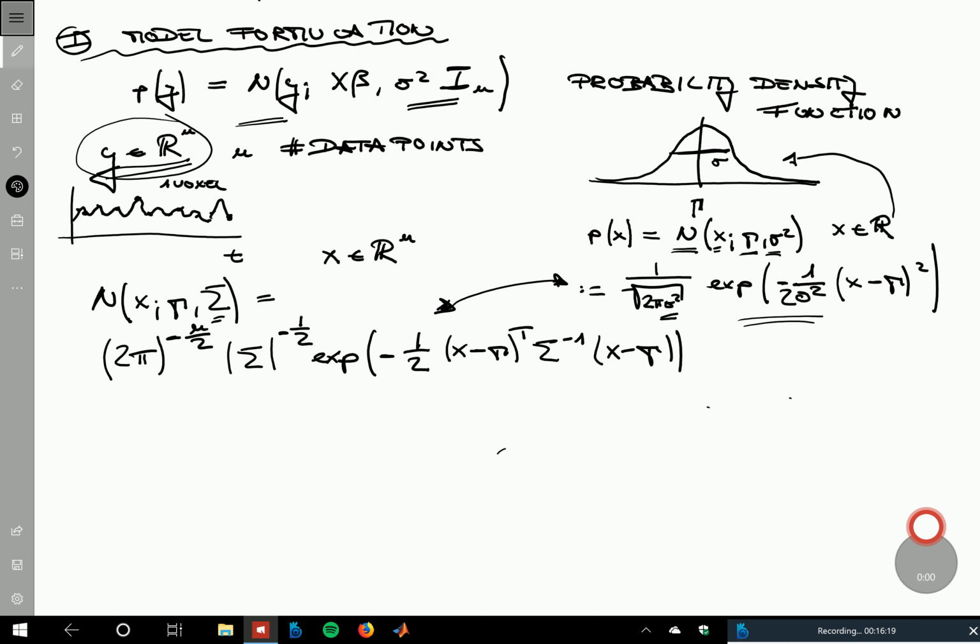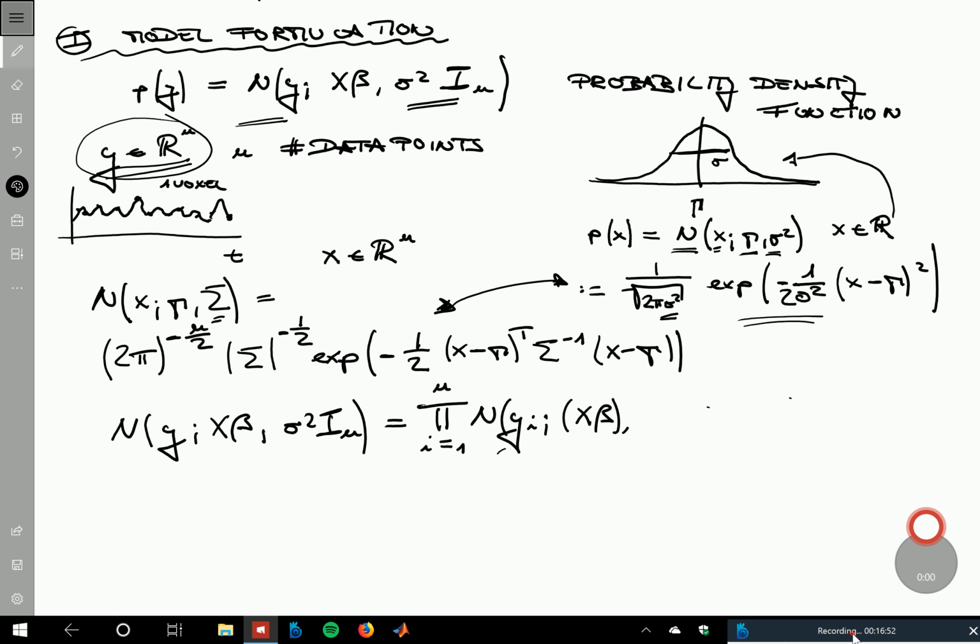And this assumption, and this is now the important bit, that the covariance matrix is what is called spherical, corresponds to the idea that all the data points, so these y_i, are independent, so they are each specified according to an expectation parameter, which is given by the specific row of the product of the design matrix and the beta parameter vector, and a variance.